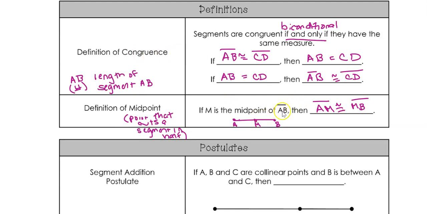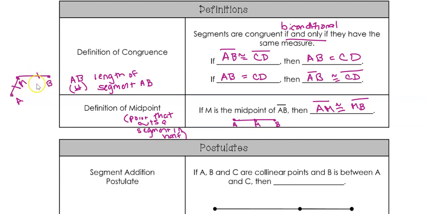Now this statement is not a biconditional, so I can't flip it around. Why do you think that is? Well, if I had segment AM, then I could also make this segment MB, and it doesn't matter that they are the same length.